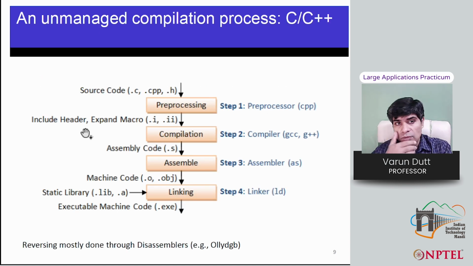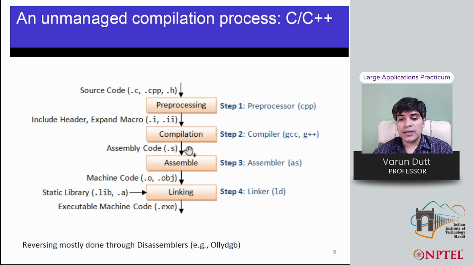So here we wanted to show you an unmanaged compilation process, which is typically the process done in a C++ program. So as you know, a C++ program may consist of C, CPP files or .h files, and these files go through a set of steps like preprocessing, compilation, assembly, which gives .o files or object files, and finally linking, which creates the executable file.